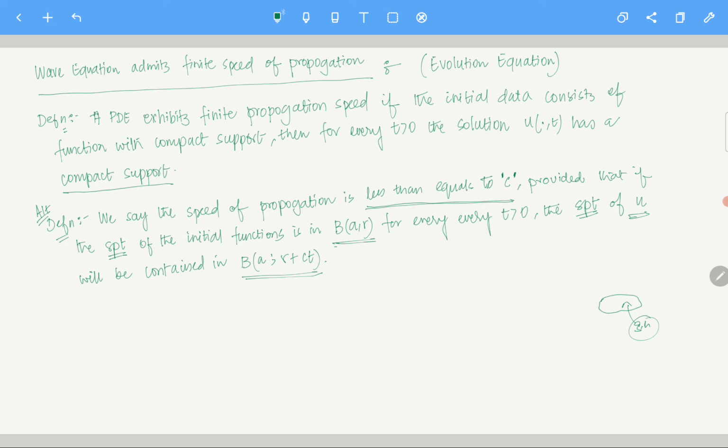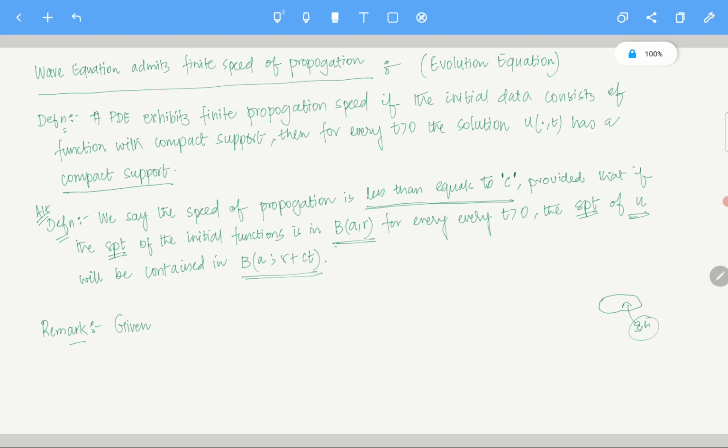Let me put a small remark here. Here we are doing it in a nice domain, but even if I change Rn to some open subset omega of Rn, you do understand that. So let me write it down and then I will explain.